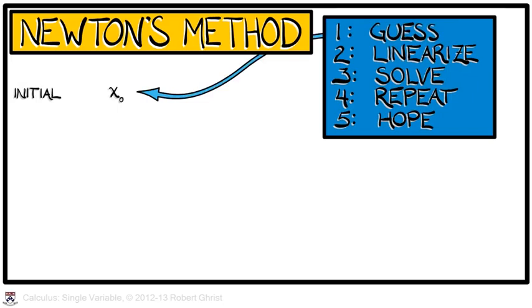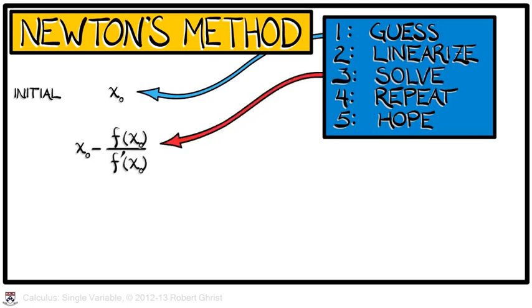Our initial guess we will call x naught, that is x with a subscript 0. Doing the linearization and solving gives us an update rule. x1 is equal to x naught minus f at x naught over f prime at x naught.